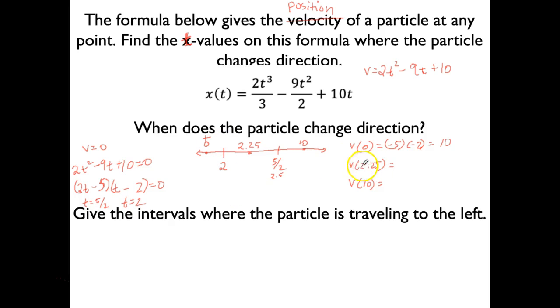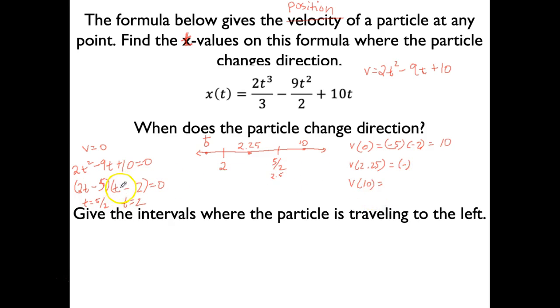Now let's check 2.25. Let's think about this here. 2 times what would make this 5? 2.5 would make it 5. So if you put 2.25, that would make this a negative number. I don't know what negative number it's going to give me, but I'll just put down that it's a negative number.